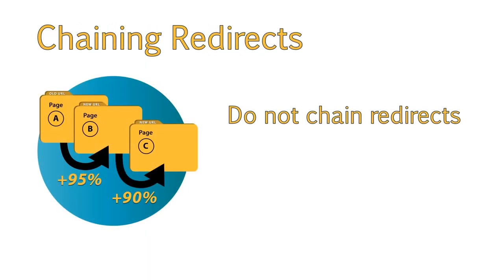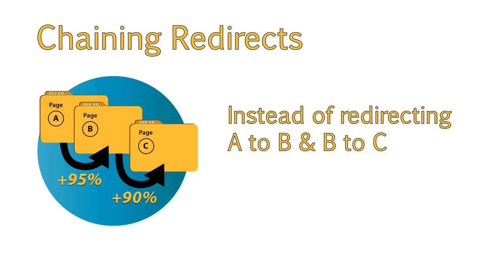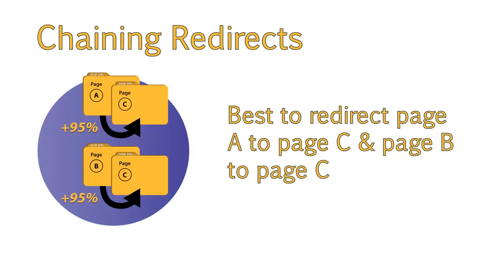Due to potential loss of authority when redirecting, you also want to be careful of chaining redirects. This is when you may have redirected page A to page B in the past at one point, and then decided later that page B is no longer valid and decided to redirect page B to page C. In instances like this, it is best to redirect page A to page C and page B to page C, rather than having redirects in the middle.